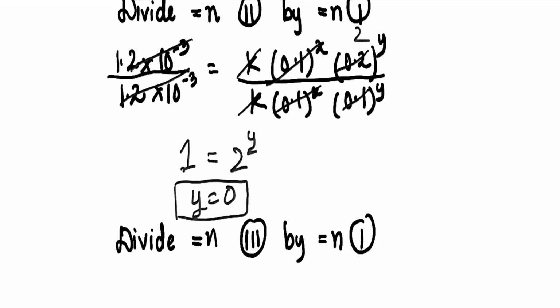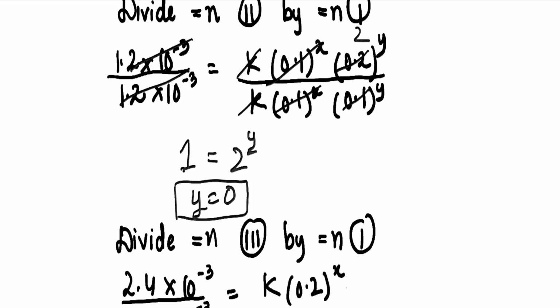Now equation third is 2.4 into 10 raised to power minus 3 divided by equation first, which is 1.2 into 10 raised to power minus 3. This is equal to K into 0.2 raised to power X into 0.1 raised to power Y divided by K into 0.1 raised to power X into 0.1 raised to power Y.